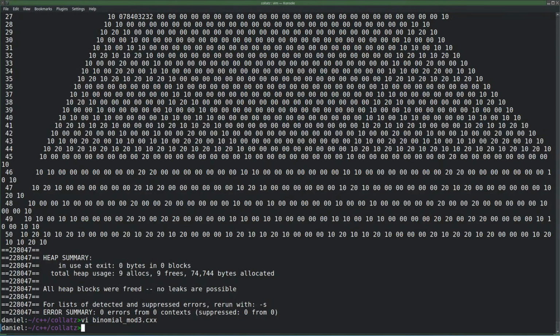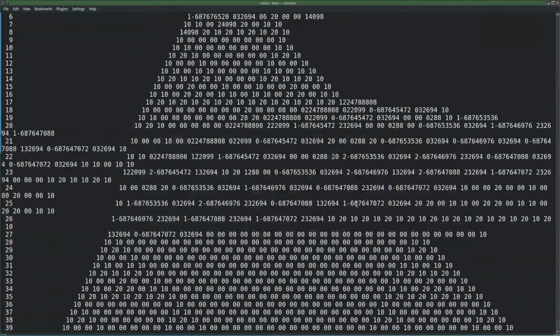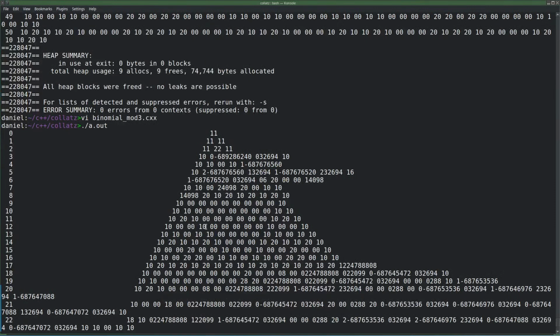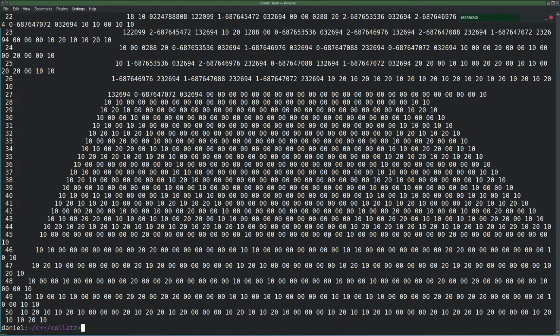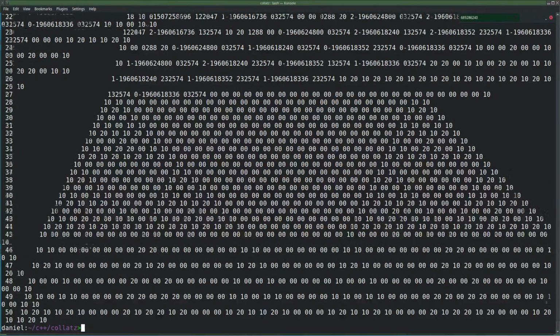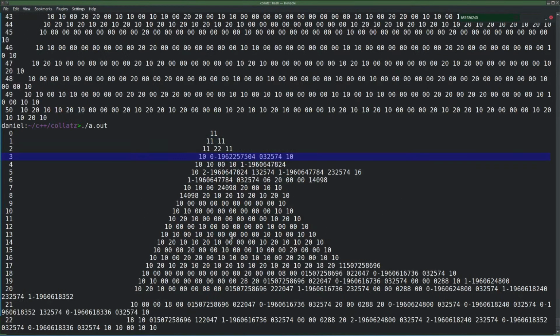Okay, let's do it differently then. If not reading undefined memory, it must be reproducible. Do we see this number back? I don't think so. It already looks different. It changes.